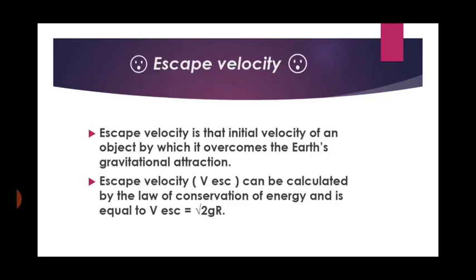Now come to our next topic, that is escape velocity. So how to define the escape velocity? Escape velocity is defined as the initial velocity of an object by which it overcomes the earth's gravitational attraction, and we denote the escape velocity as V_esc. It can be calculated by one formula.